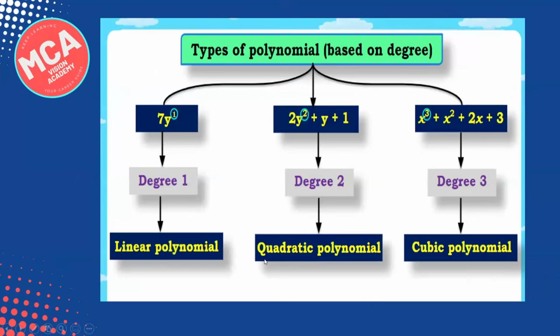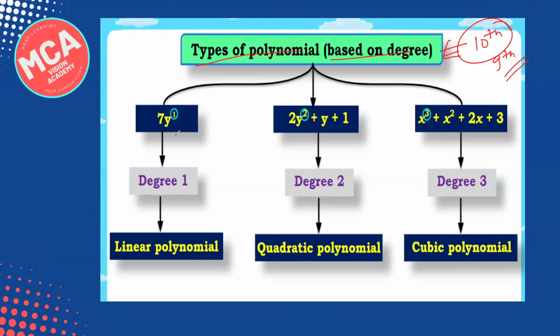Now next, we're going to learn the types of polynomials based on the degrees. This is very basic; you must have learned it in 9th and 10th standard also. So what is degree basically?